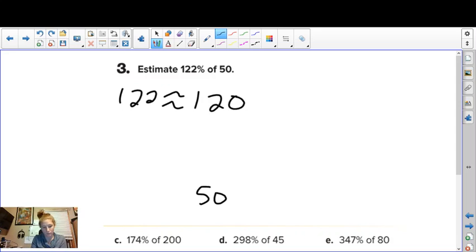So I need to take that extra 20 and say, okay, what's 10% of 50?